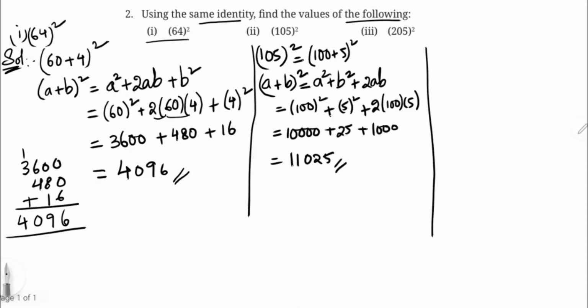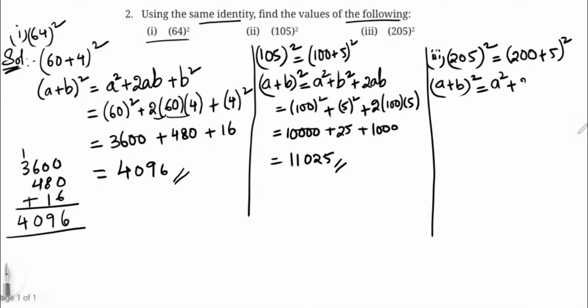Now let us solve 205. So this is our third part, 205 whole square, which can be written as (200 plus 5) whole square. So a plus b, again the formula, (a plus b) whole square, which is equal to a square plus 2ab plus b square.